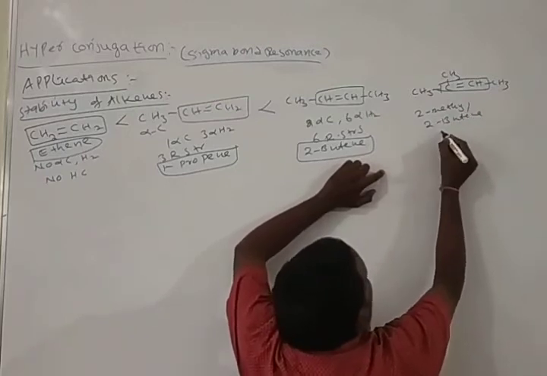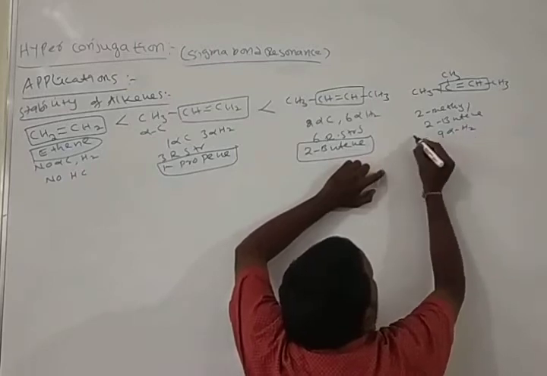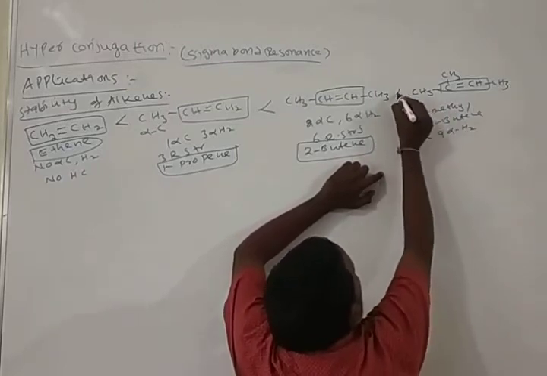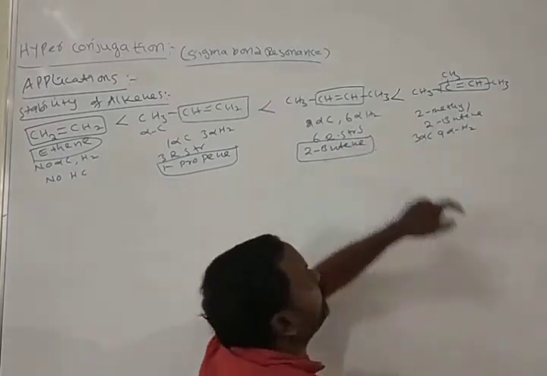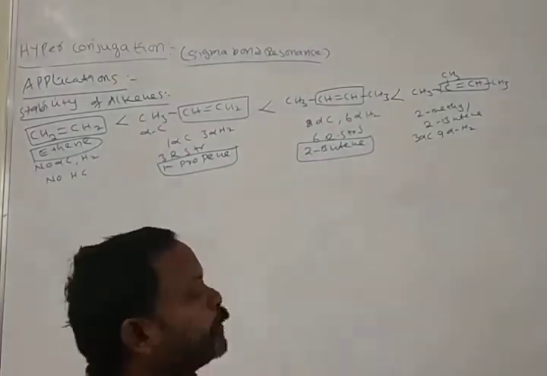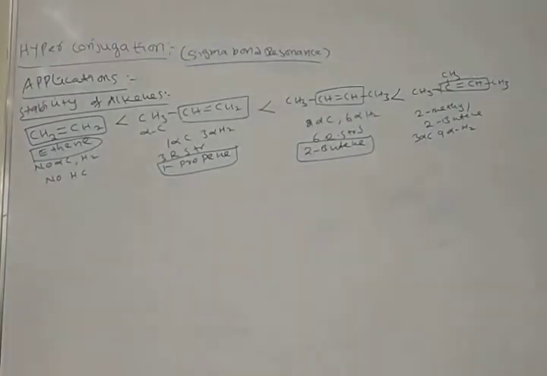This contains 9 alpha hydrogens, 3 alpha carbons. So 2-methyl 2-butene is more stable than 2-butene.